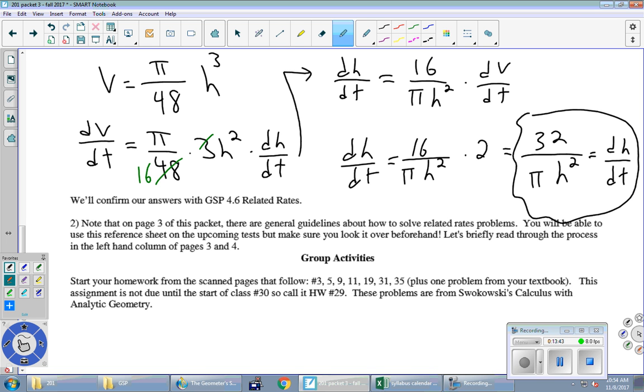And now finally we get to plug in those values of h that we were interested in. It said when the water is 5 centimeters deep and 10 centimeters deep and 15 centimeters deep. And so one at a time, we're just going to plug them into this thing. So we can just make a little table here at the bottom.